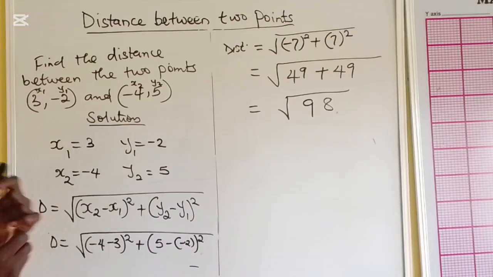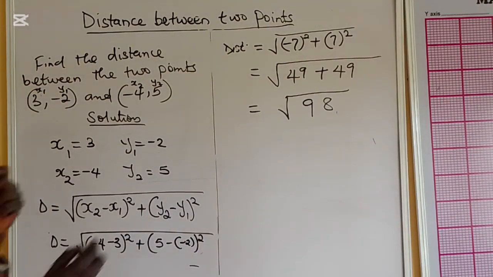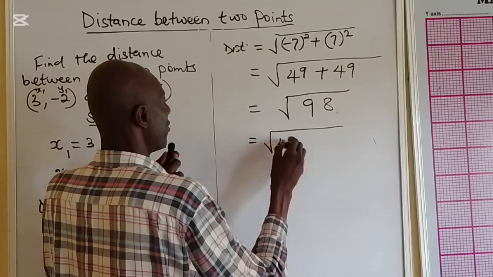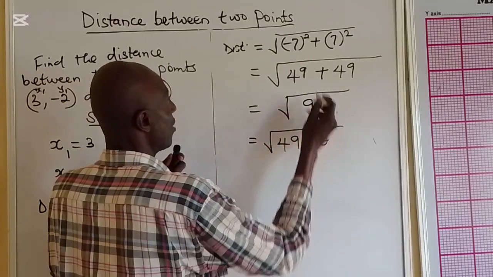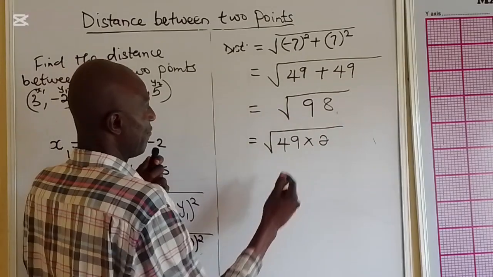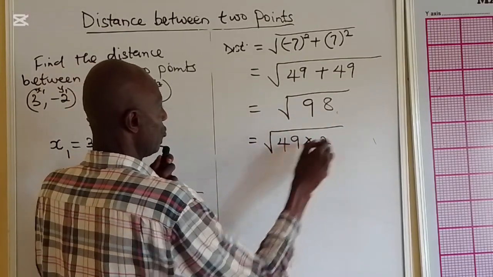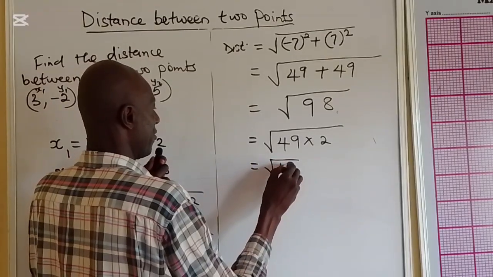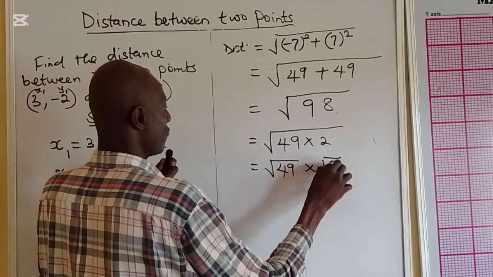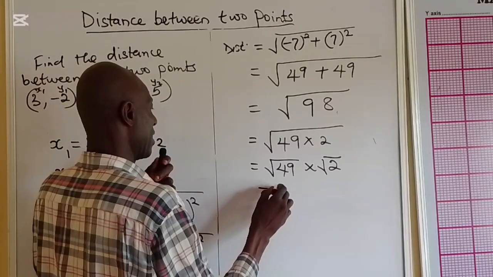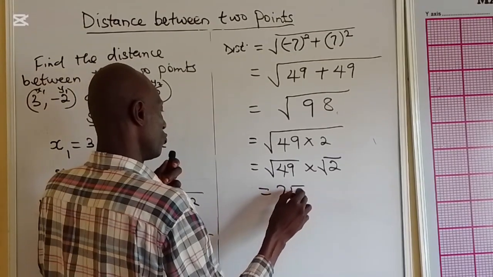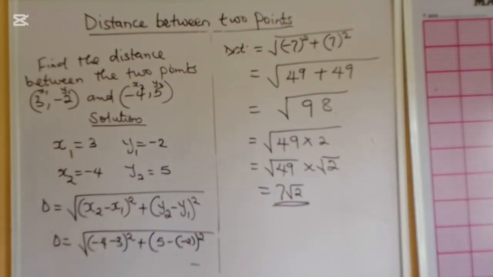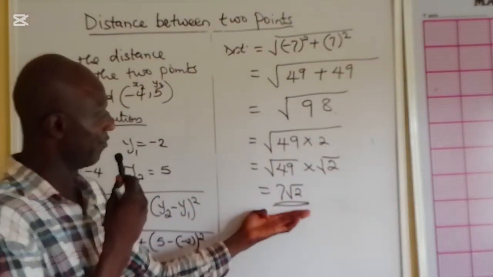We can resolve this into surd form again. 98 means 49 times 2, which is the root of 49 times the root of 2. And the root of 49 is 7, so 7 root 2. So when you resolve this and find the distance between the 2 points, our answer is 7 root 2.